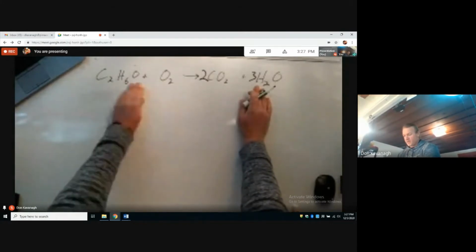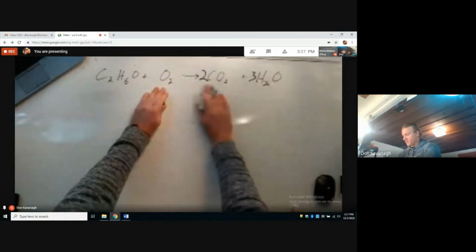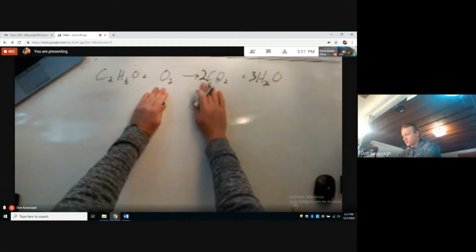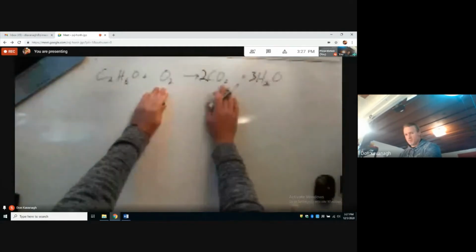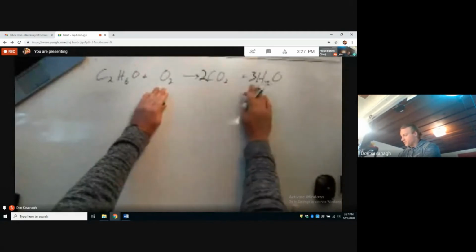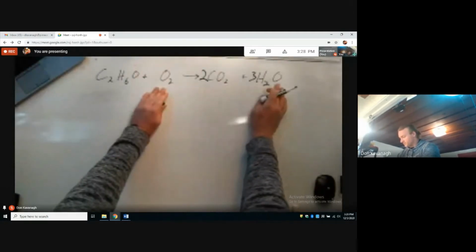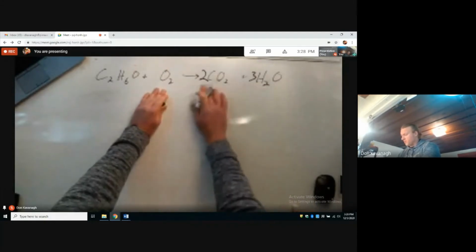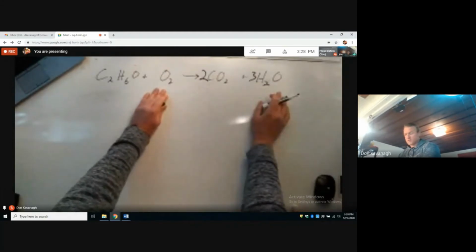Here I have 3 oxygens on this side, and on this side I have 4 oxygens, because in 2 CO2s there would be 4 total, and I have 3 H2Os, so that gives me 3 more. So 4 plus 3 is 7 oxygens.